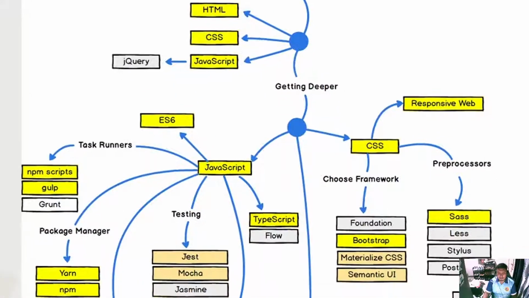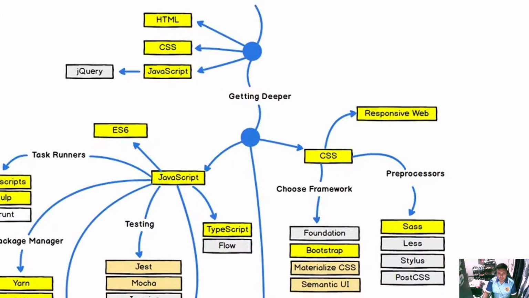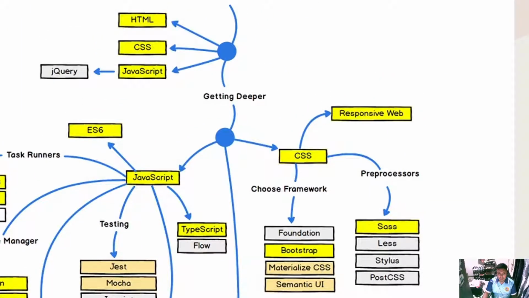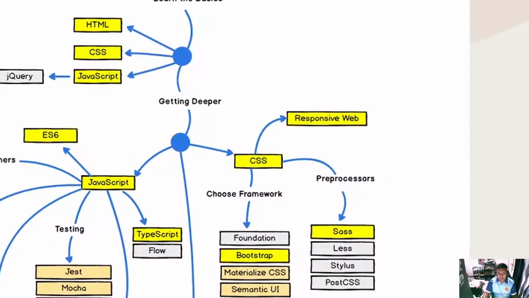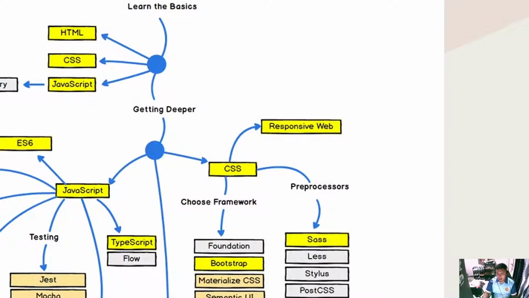If you want to go a bit deeper into CSS, you can learn responsive web design. Meaning your website will run on any screen device. All devices have different sizes, so the look and feel of your website will be the same on more devices.